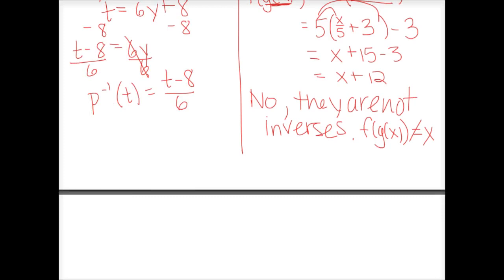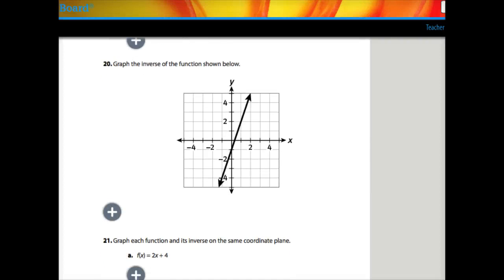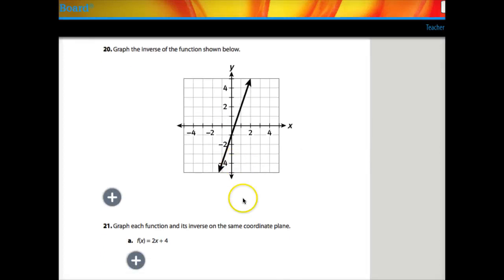All right, very last problem, dealing with the last property of our inverses here. We're going to look at number 20, where it asks you to actually graph the inverse. So it gives you the function and asks you to graph the inverse. So you need to pull the actual ordered pairs from what you see here. So I see an exact point here at 0, -1.